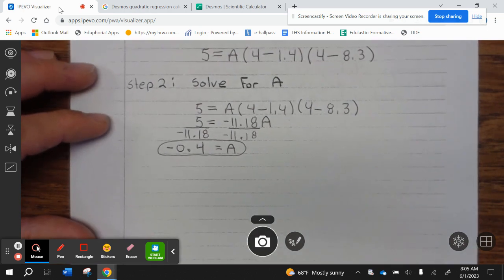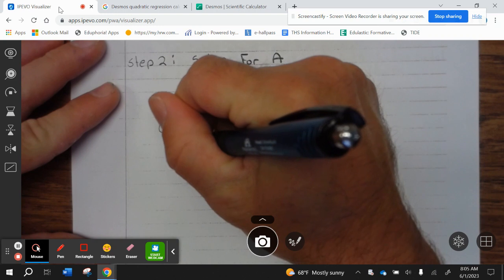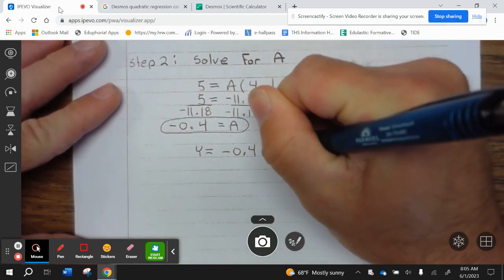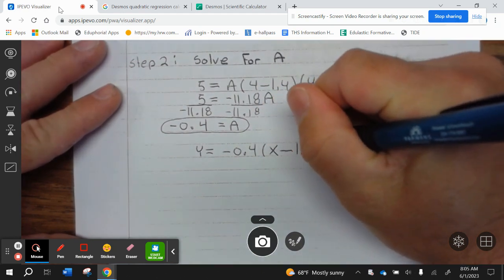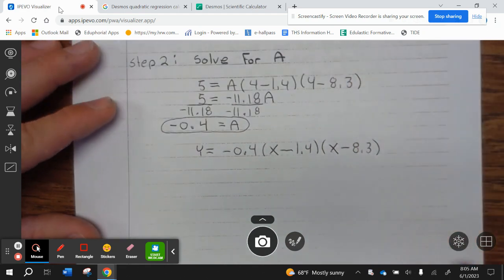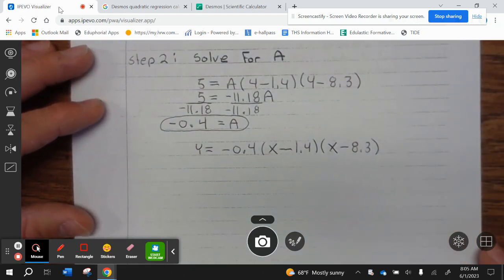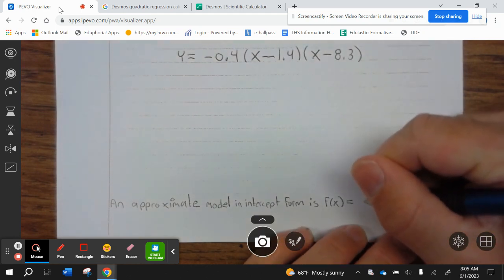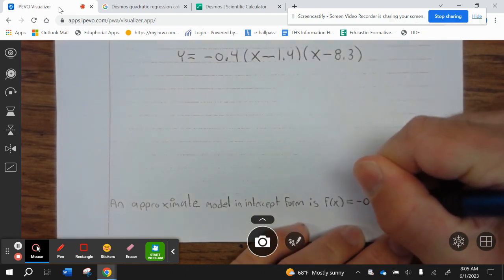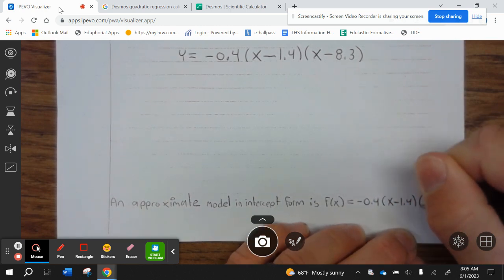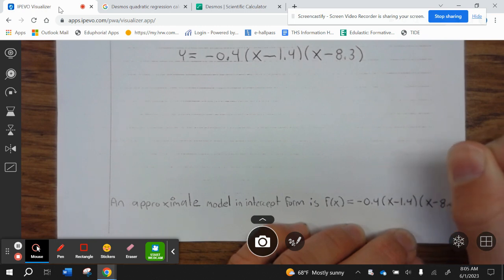So now our equation is y equals negative 0.4 parentheses x minus 1.4 parentheses x minus 8.3. All right, so the approximate model in intercept form is f of x equals negative 0.4 parentheses x minus 1.4 parentheses x minus 8.3.